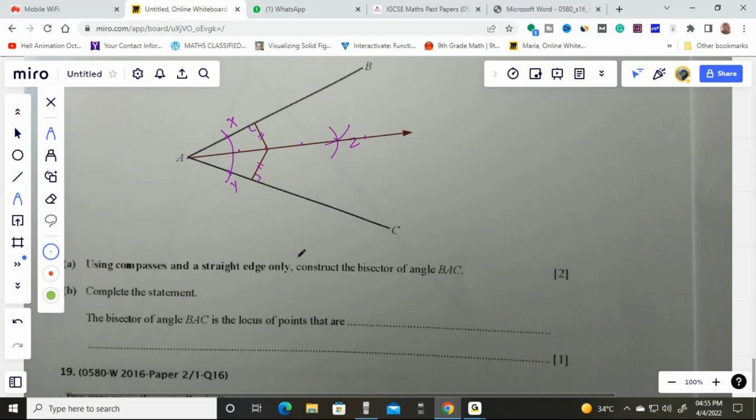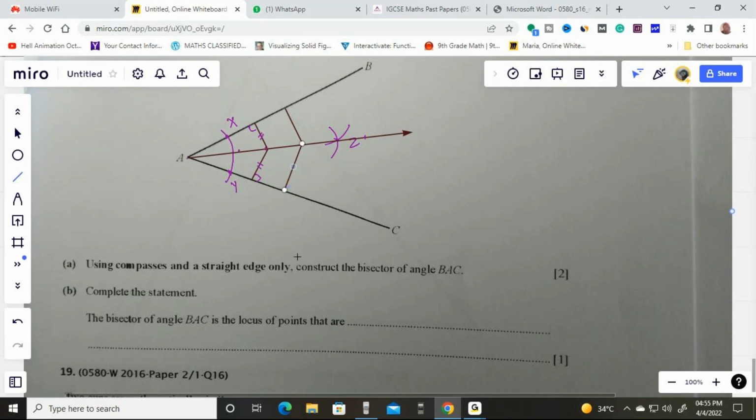If you pick up this point, draw a perpendicular line or a projection on your AB and your BC, they are always going to be equal.